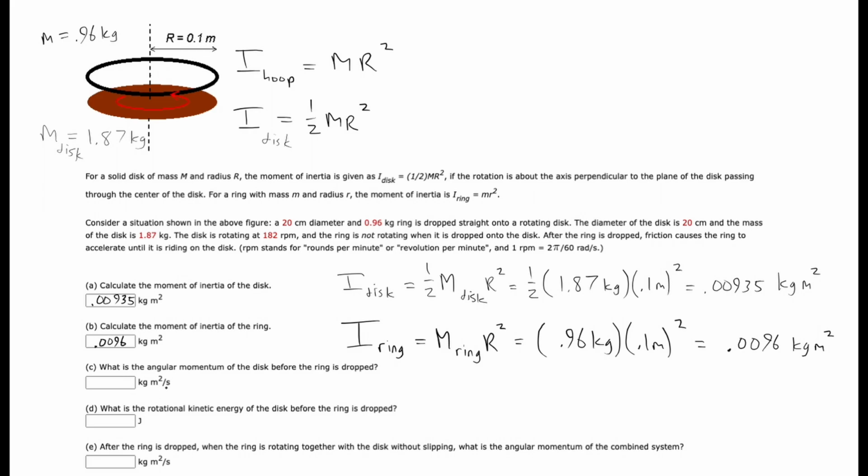Next, what is the angular momentum of the disk before the ring was dropped? So we're going to want to use that formula L equals I omega, because we know the moment of inertia of the disk, and they also gave us the disk's angular speed. Moment of inertia of the disk was 0.00935.